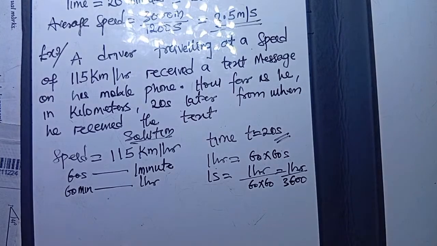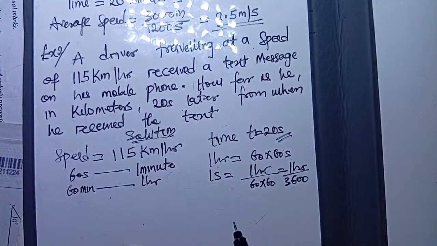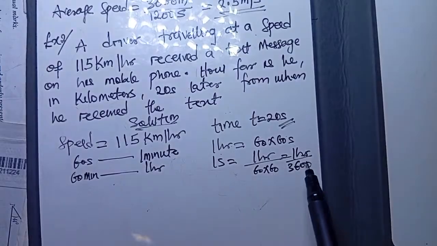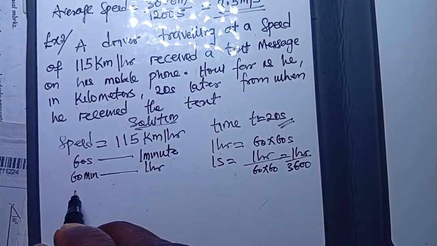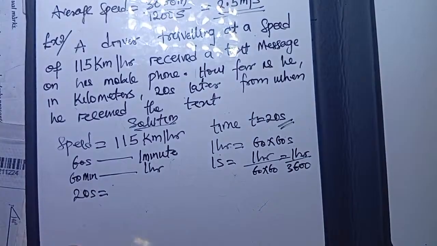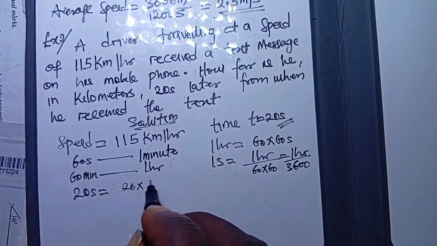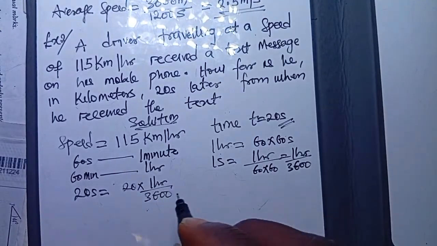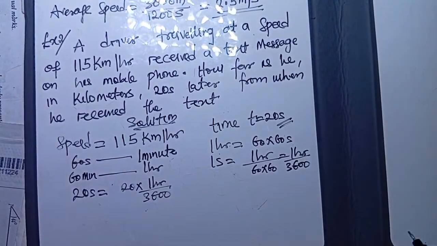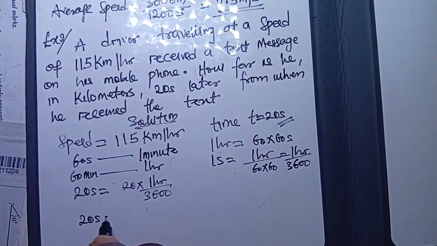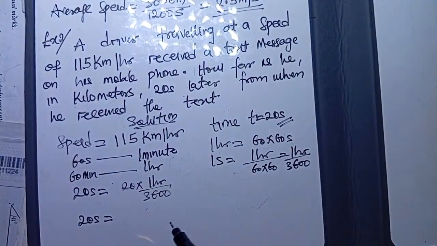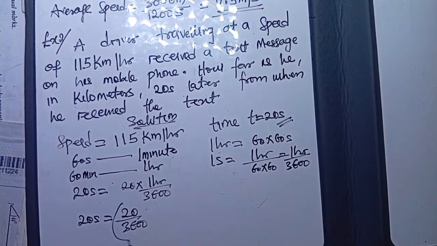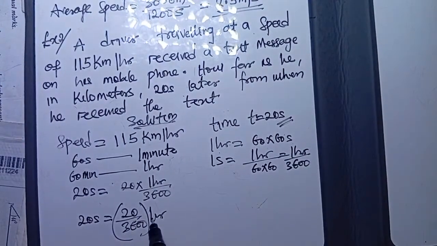So now, if in 1 hour, 1 second is this, you now have 20 seconds. 20 seconds will now give you 20 multiplied by 1 hour over 3,600. So we now have 20 seconds is equal to 20 over 3600 hour.